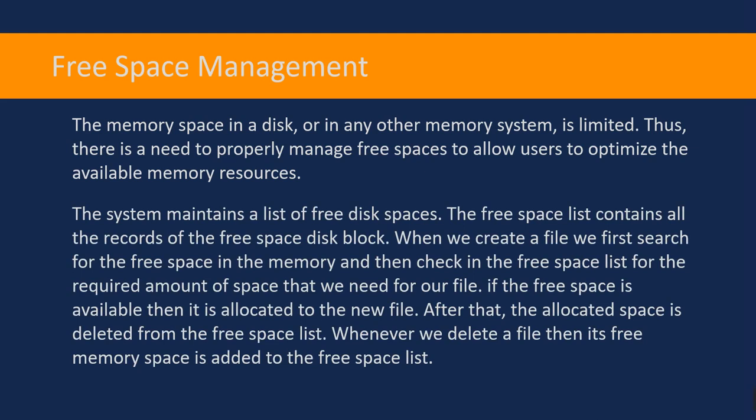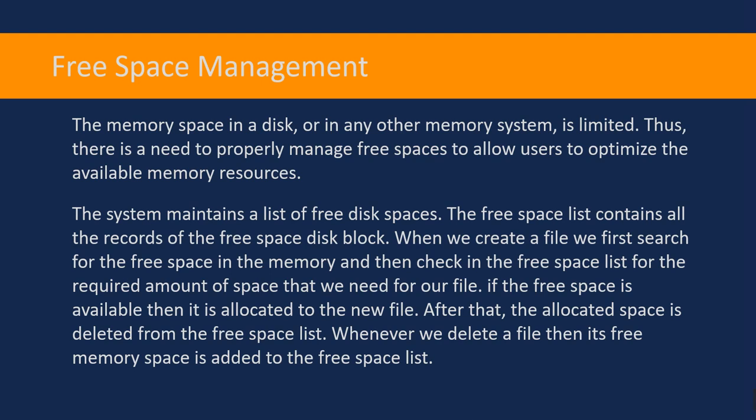When we create a file, we first search for the free space in the memory and then check in the free space list for the required amount of space that we need for our file. If the free space is available, then it is allocated to the new file. After that, the allocated space is deleted from the free space list.